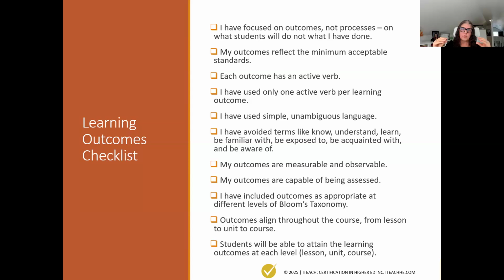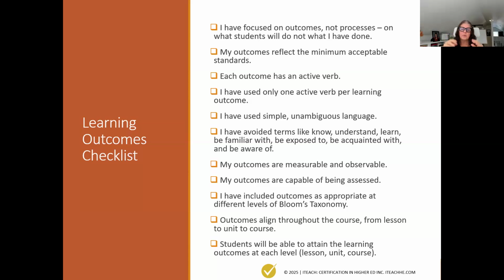You may have them at the course level, but if you can build learning outcomes into each of your lessons, it really, really helps students focus when they're trying to learn. There's so much new information that it can get very muddy for them and be overwhelming.